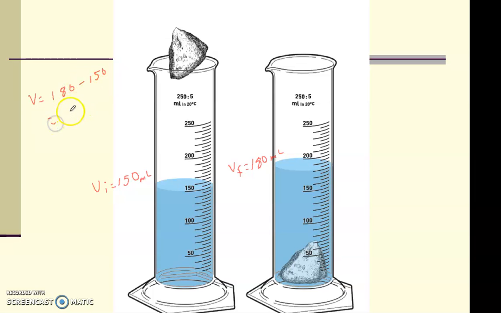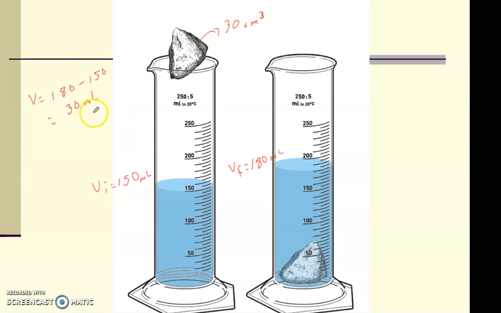So your volume equals 30 mLs. So the volume of the stone equals 30 centimeters cubed.